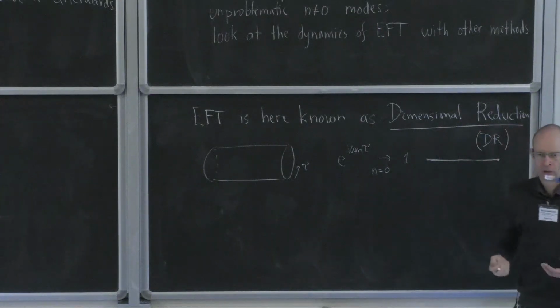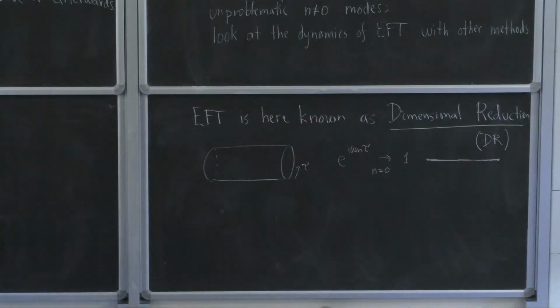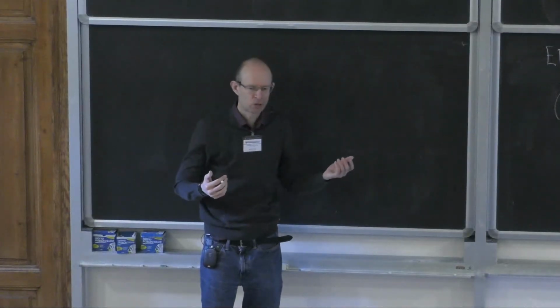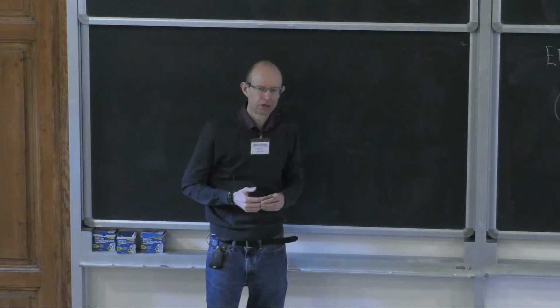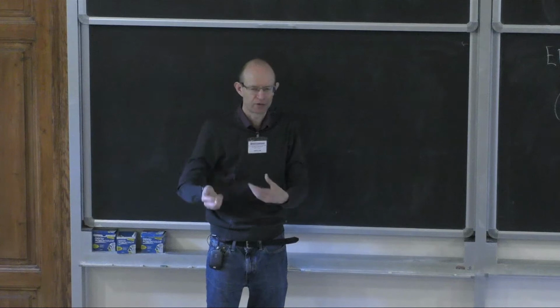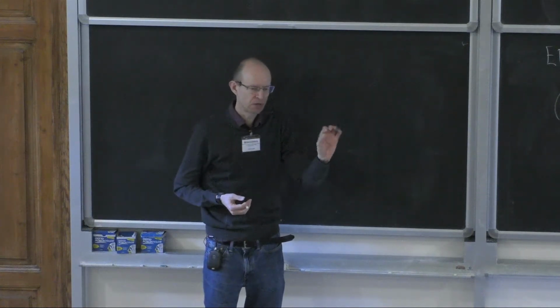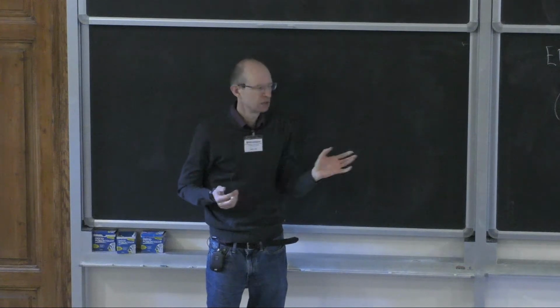Now for some people with different backgrounds, this concept may be very familiar because in the history of physics, this is also known as the Kaluza-Klein reduction from 100 years ago, when people were thinking about unified theories and unifying gravity with other theories. So the whole idea that one has a small compact direction is from there.